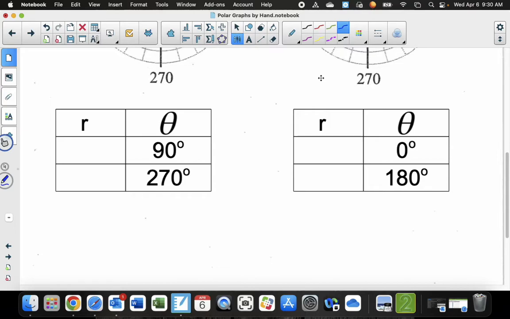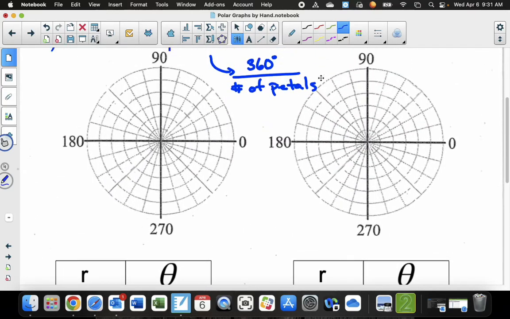If you get an answer of 0, that means there's no petal there. If you plug in 90 degrees and get an R value of 0, one thing you should have discovered, by the way, is that all the petals come back to the origin. That's why, if you get an R value of 0, you're just finding the origin all over again.